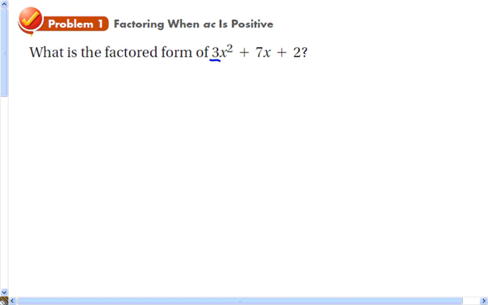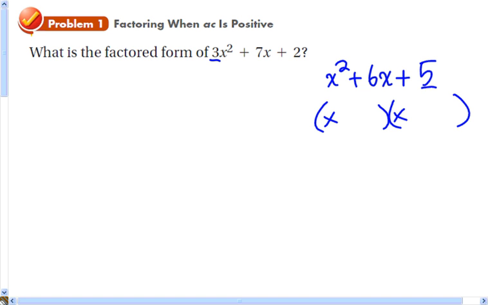And I'll explain more about this tomorrow in class, but basically, when we had a coefficient of 1 there, all we had to do was find two numbers that had a product of 5 and a sum of 6, so that was a little bit easier. Like this one would be the quantity x plus 1 times quantity x plus 5. So we're just looking for a product of 5 and a sum of 6 for our factors.